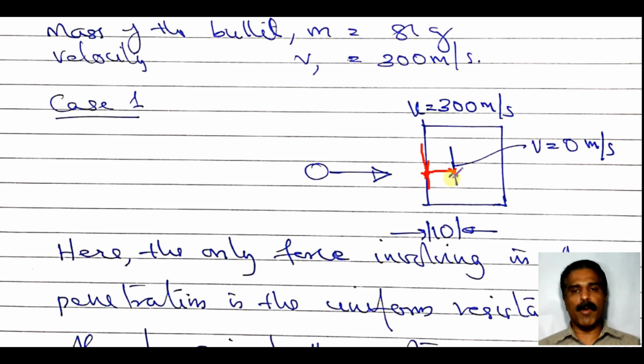So the initial velocity u is equal to 300 meter per second, and after traveling 10 centimeters through the wooden block, the velocity became 0, or the bullet came to a rest. So that is the figure.